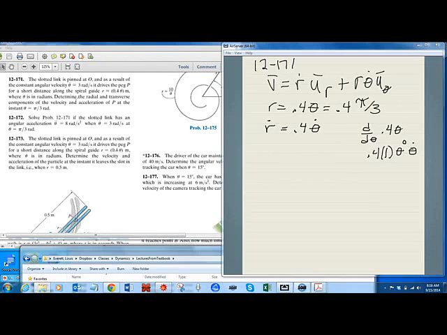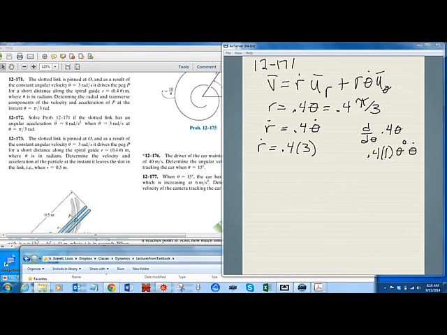Okay, so then r dot equals 0.4 times 3. Do you have everything you need to plug in? Do you know the r dot? Yep. Do you know the r? Do you know the theta dot? Yep. So you can plug in.